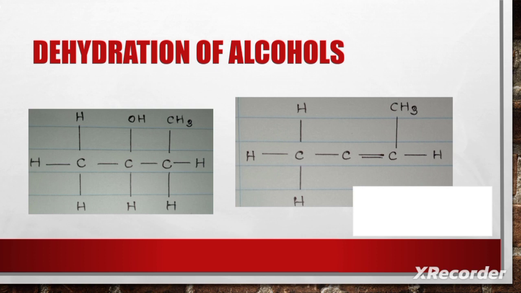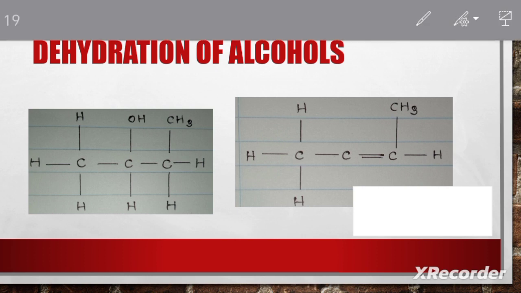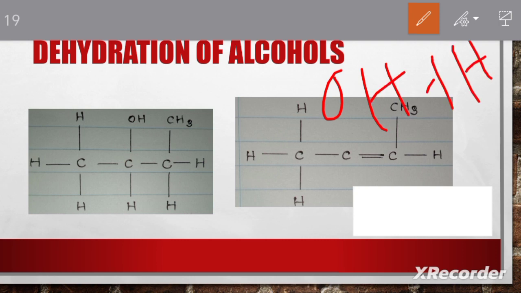So here we have to remove OH along with hydrogen. Then only it becomes a water molecule. So here OH can be removed easily, but from this side or this side we should remove the hydrogen.